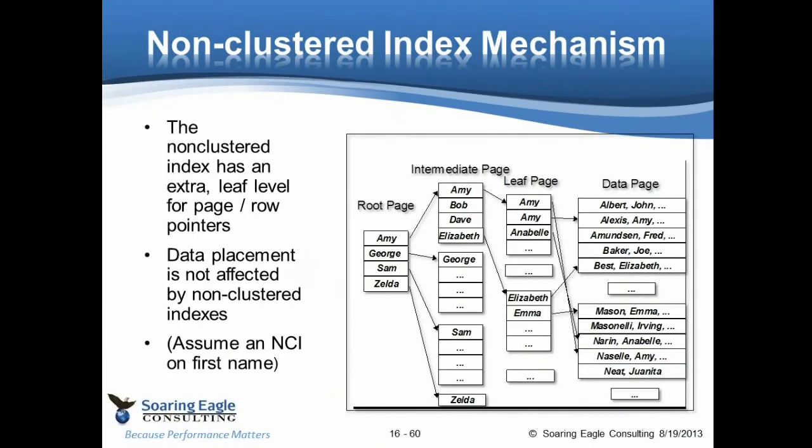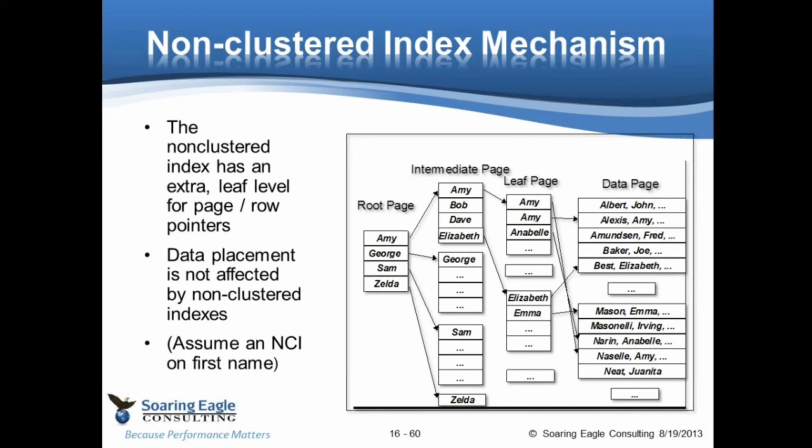Let's go back and look at this page again. Let's go back to our prior assumption and say, well, we fit 100 rows per page. We're fitting 100 rows on an 8K page. How many keys are we fitting on a page? Well, if we have an average of 6 characters for a first name and a few characters for overhead, we may fit 800 to 1,000 entries on that leaf page.